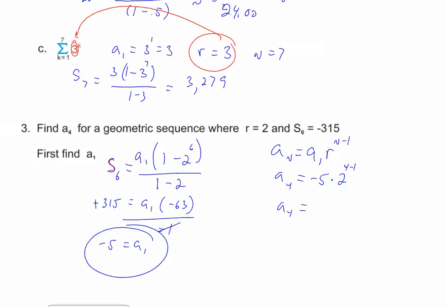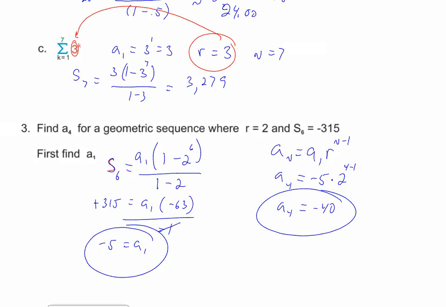Don't even need your calculator, right? So hopefully you all know 2 cubed is 8. And 8 times negative 5 is negative 40. Right, in the fourth term. So in that situation, we're able to use our formula to get the first term. If you know the first term and R, you can get any term from the explicit formula.